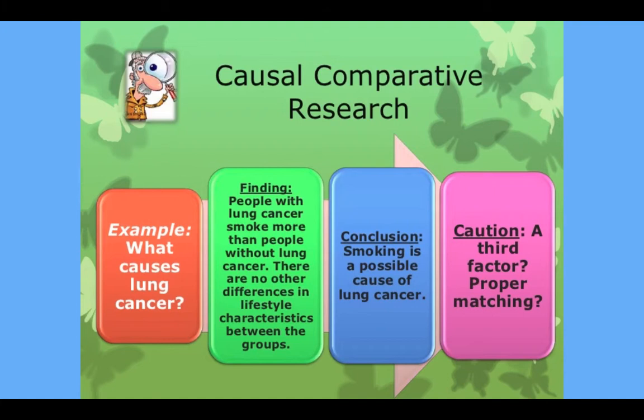The finding, people with lung cancer smoke more than people without lung cancer. There are no other differences in lifestyle characteristics between the groups. Conclusion, smoking is a possible cause of lung cancer. Caution, a third factor or a proper matching.